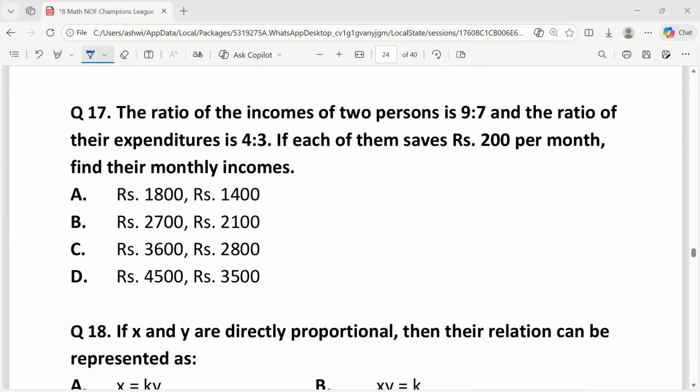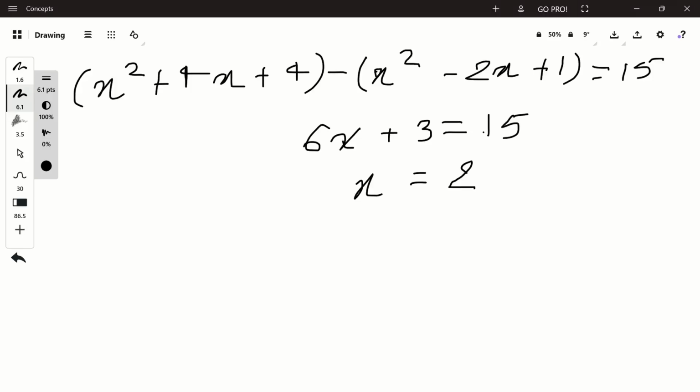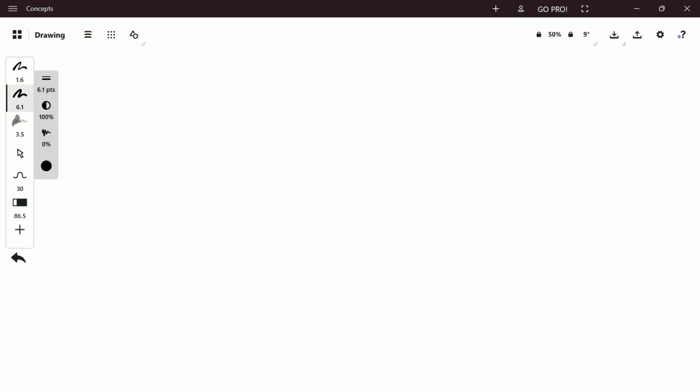Question 17. The ratio of incomes of two persons is 9:7 and the ratio of their expenditures is 4:3. If each of them saves rupees 200 per month, find their monthly incomes. Let the incomes of the two people be 9x and 7x respectively, and their expenditures 4y and 3y respectively.